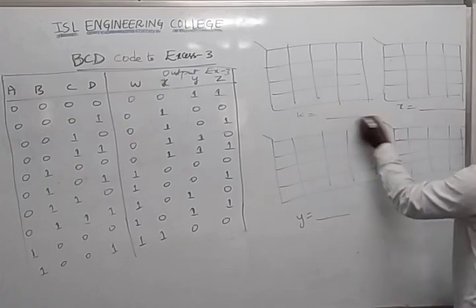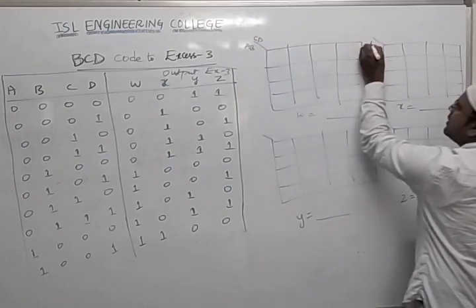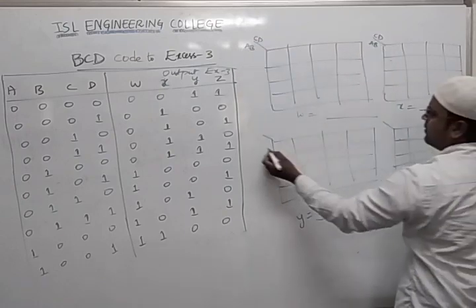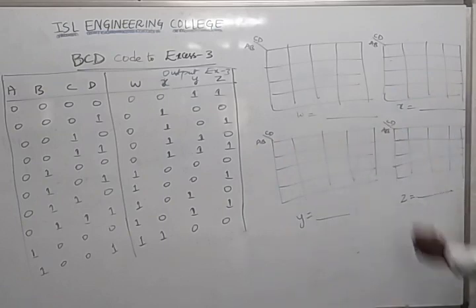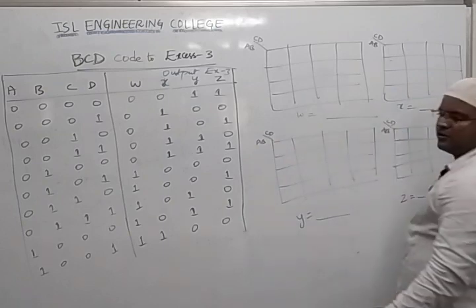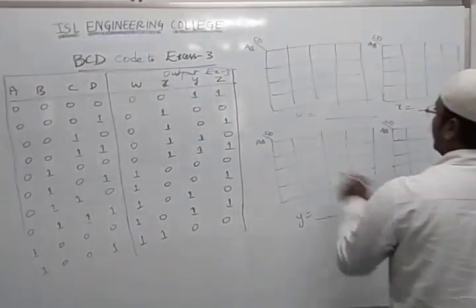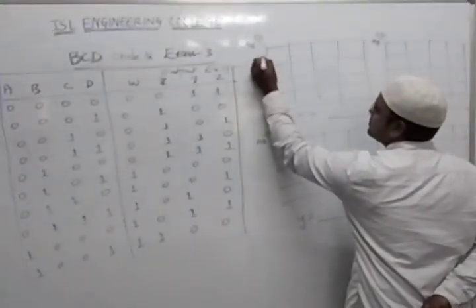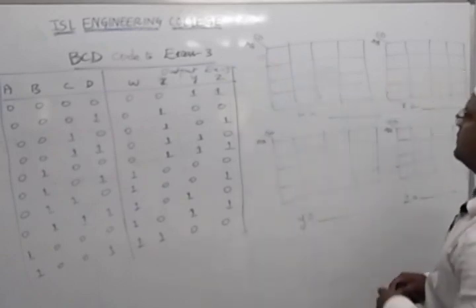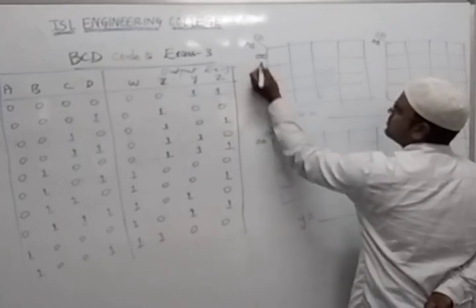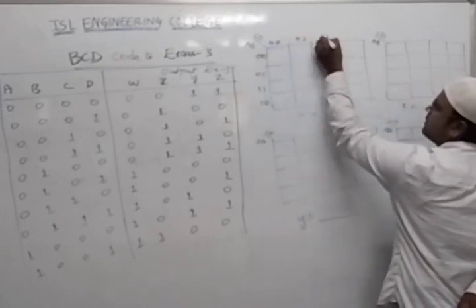Okay, for this we need to write down the input values. We have A B C D, A B C D. So A B here, and C D. Clear? For this, what is the combination of the first number? I can start from 00, then 01, 11 and 10.